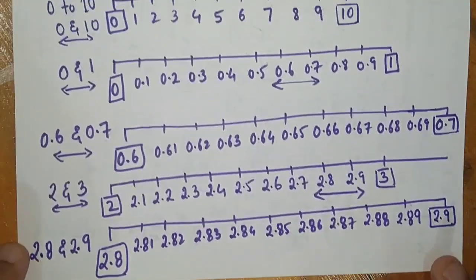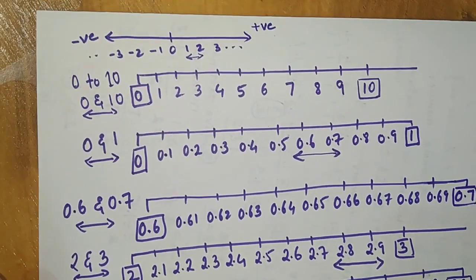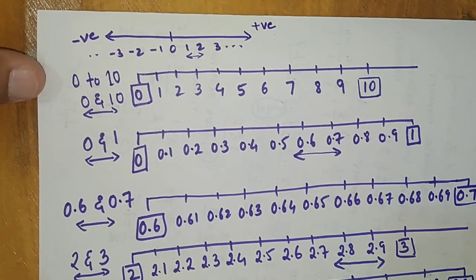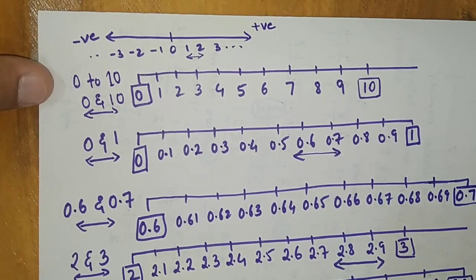So this is how you collect many more numbers in a number system. In a number line you need to find many more numbers.